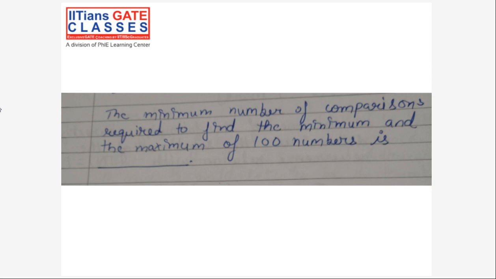Binary tree structure. At each stage, I'll check one of the two values to be larger or smaller. Totally n minus 1 comparisons for each.